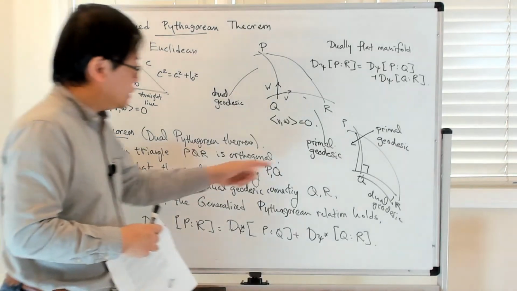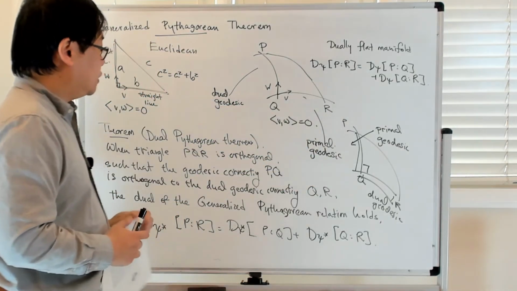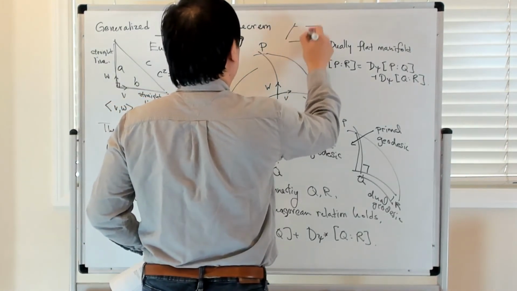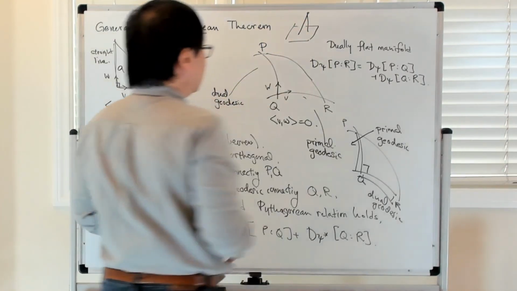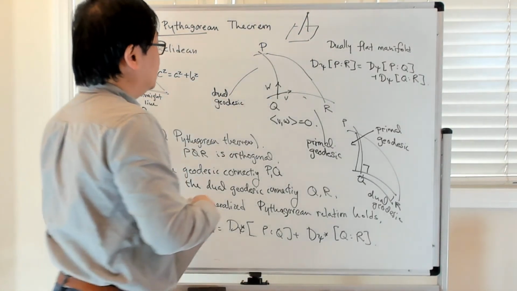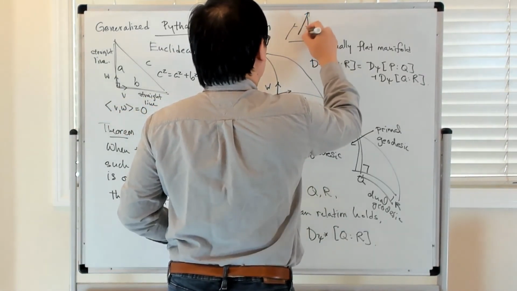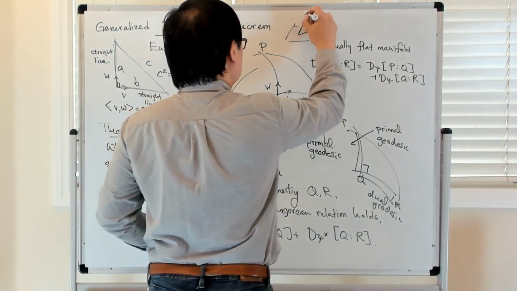Because again, there are these notions of primal and dual geodesics, right? So if you have a plane and you have a vector and you want to project that vector onto that plane, right?